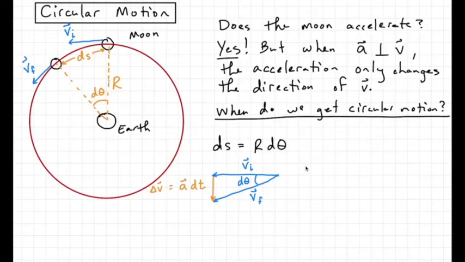If I look at this triangle, it's another one where I've got some radius where this vector and this vector have the same magnitude. I'll call the magnitude of this just v, and the magnitude of this just v. They have the same magnitude because we're looking for the condition where this motion is circular and where the speed never changes, but the velocity just changes direction.